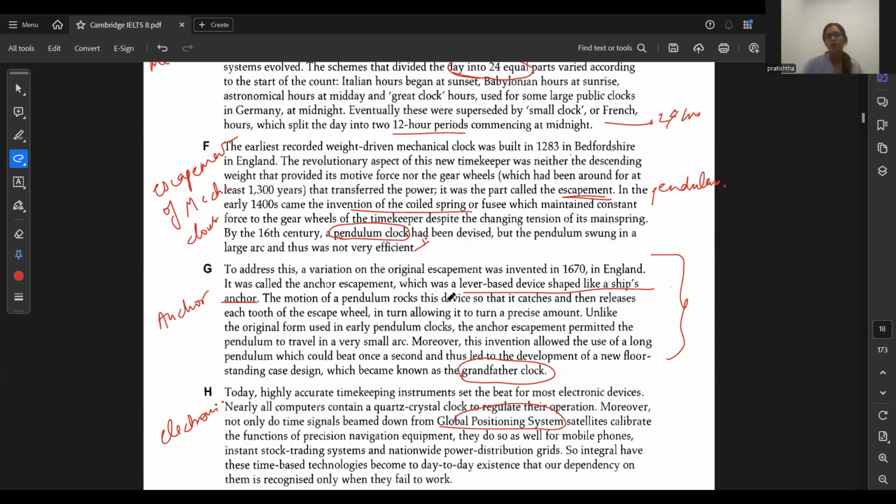The motion of the pendulum rocks this device so that it catches and then releases, and it's a variation of the original escapement. It was called the anchor escapement, which was a lever-based device shaped like a ship's anchor, right? The motion of the pendulum rocks this device so that it catches and then releases each tooth of the escape wheel. Unlike the original form used in every pendulum clock, the anchor escapement permitted the pendulum to travel in a very small arc.